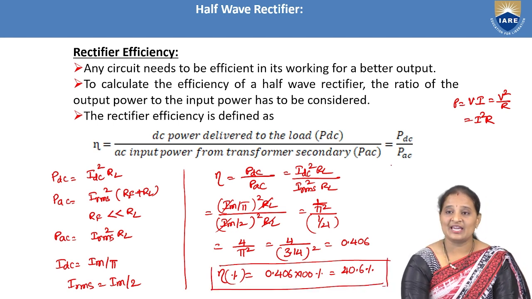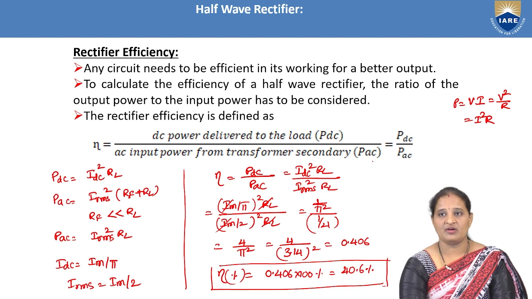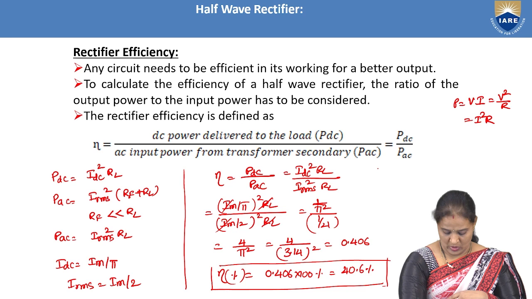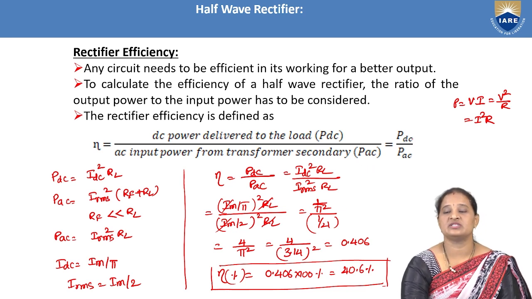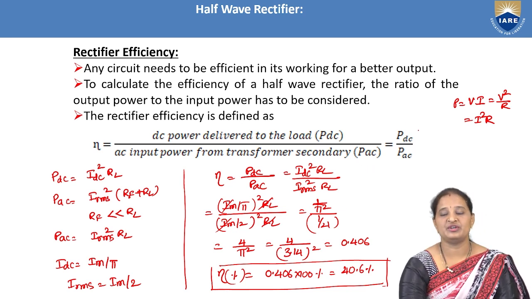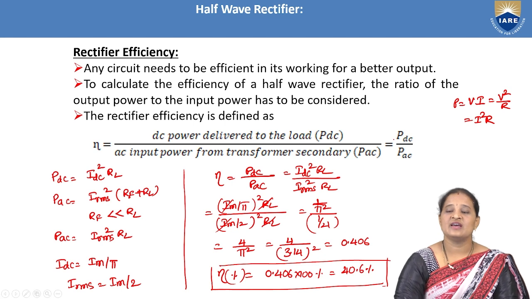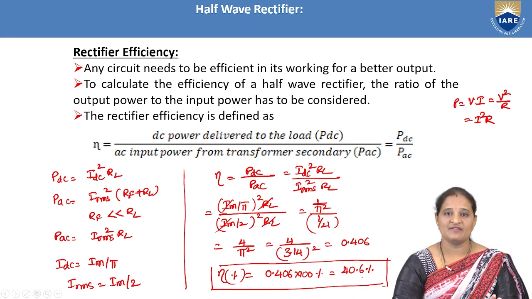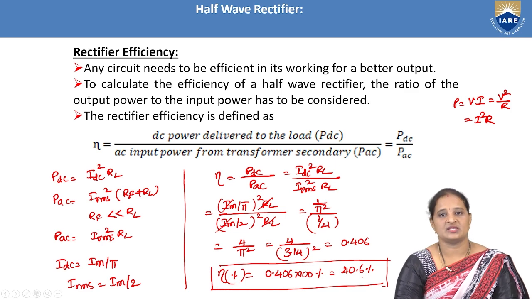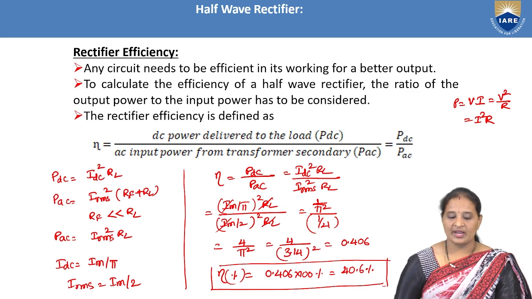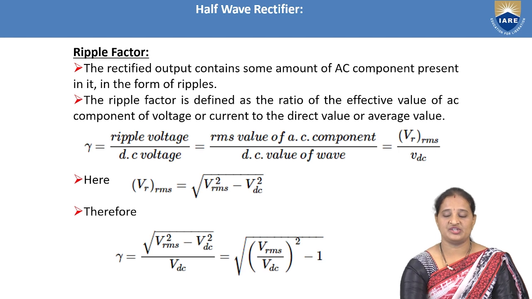That means in the given AC input power from the transformer secondary, only 40.6% is going to be converted into DC. So the efficiency of the half-wave rectifier is very low. It is even less than 50%. So this is the half-wave rectifier efficiency.